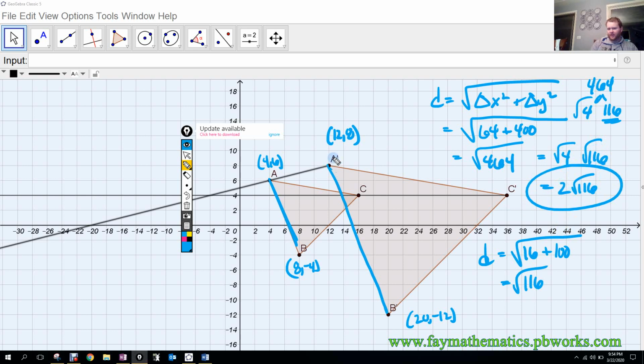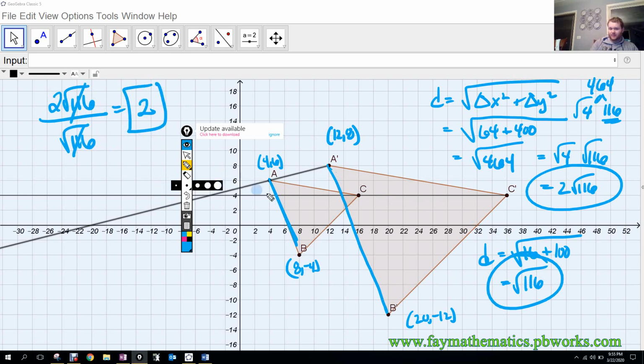So there's A prime to B prime. A to B is right there. If I divide those, 2 root 116 over 1 root 116, we get those to cancel, and it leaves me with 2. That's the scale factor that I used from A, B, C, from that triangle, to get this triangle A prime, B prime, C prime. Scale factor of 2 there.